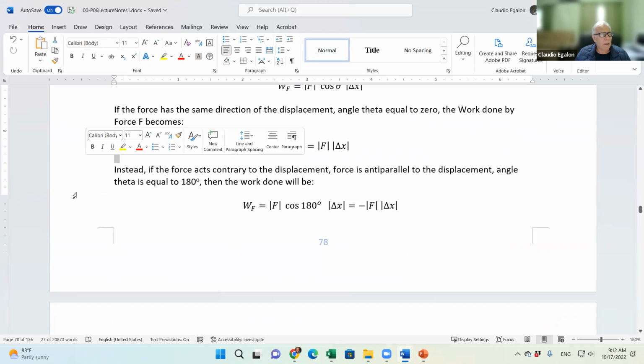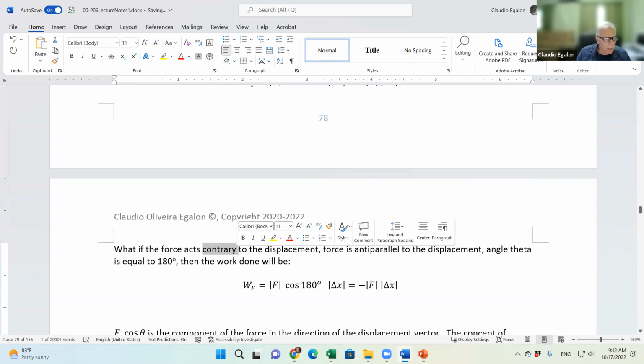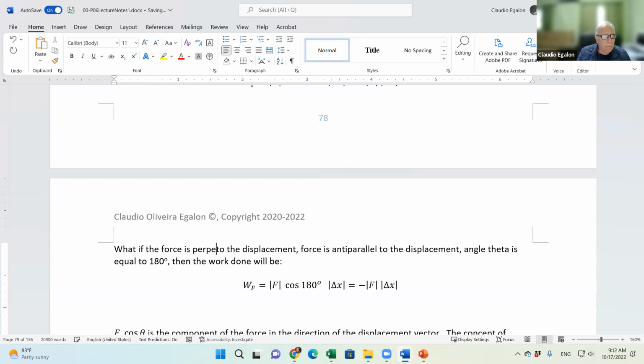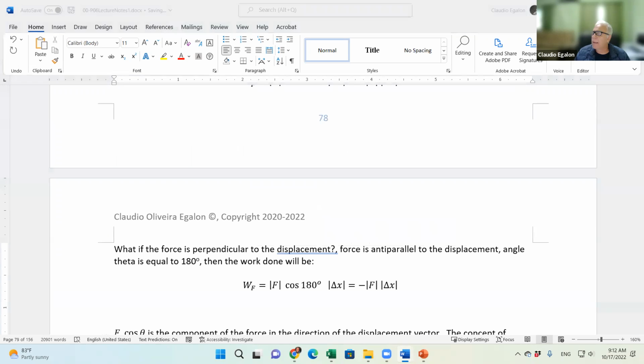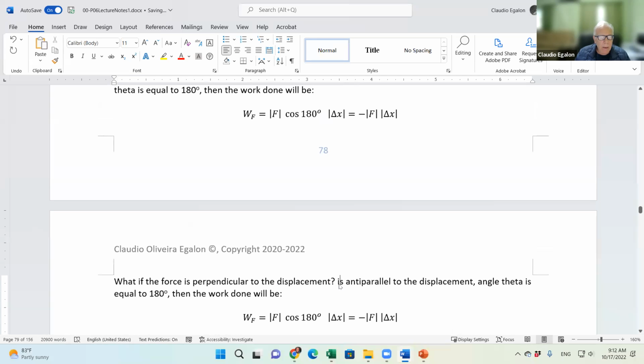Now, what if the force is perpendicular to the displacement? Just apply the definition that you're supposed to apply.